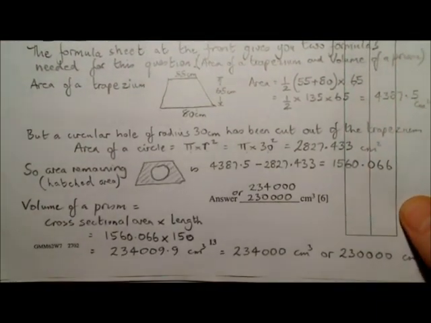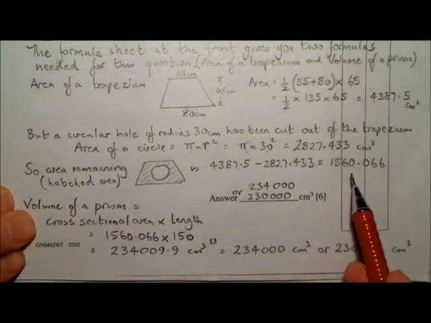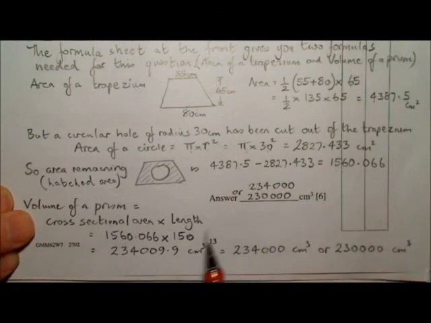So all we have to do now is multiply the answer we got a few minutes ago, 1560.066, by the length, 150. Put that into our calculator and we get 234,009.9 centimeters cubed, because it's a volume we've worked out.